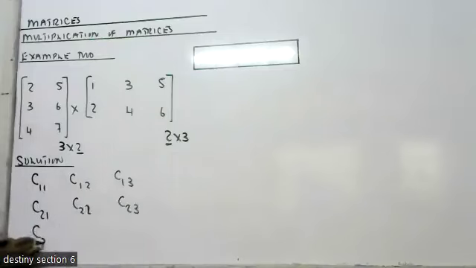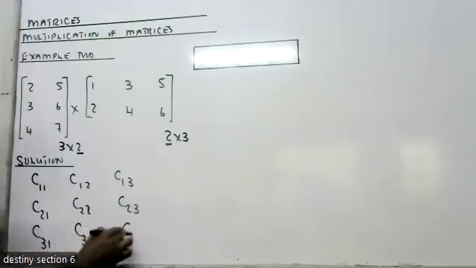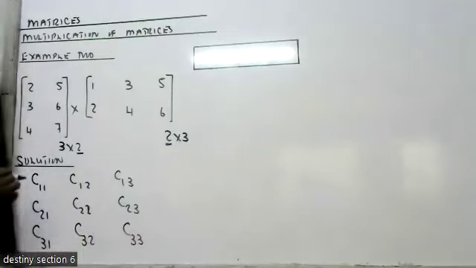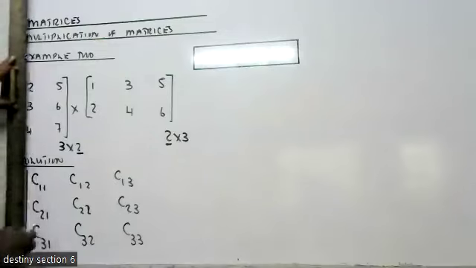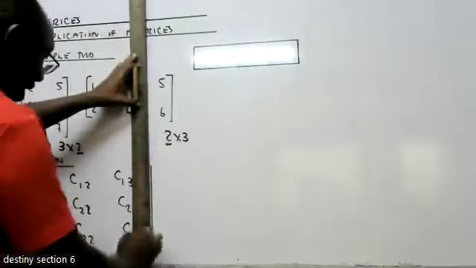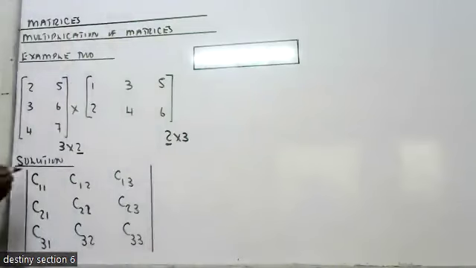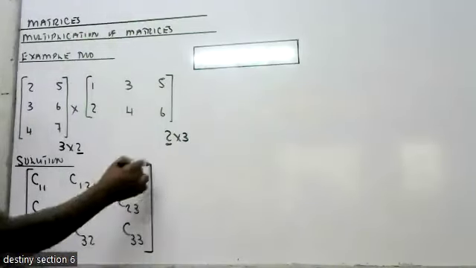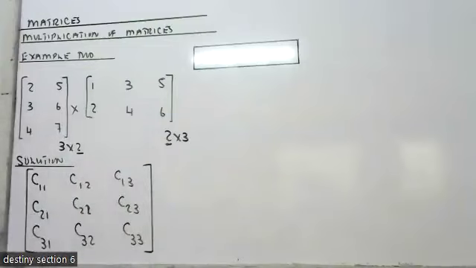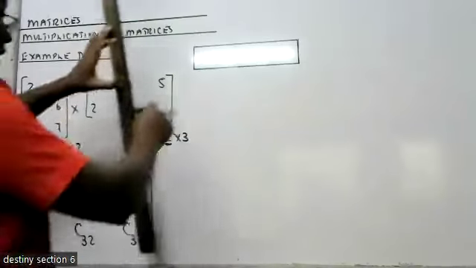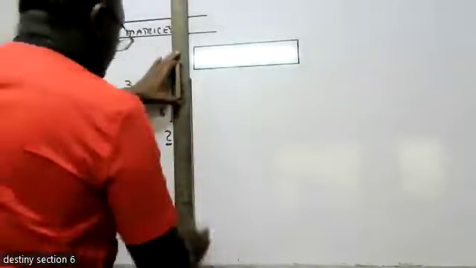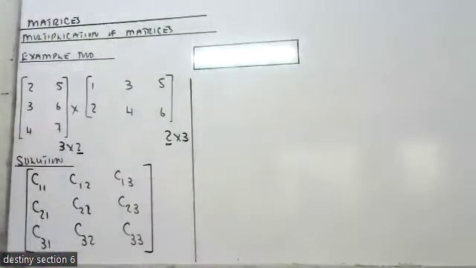And row 3, column 1, row 3, column 2, row 3, column 3. Those are the items that we are going to have. So we begin looking for those items.